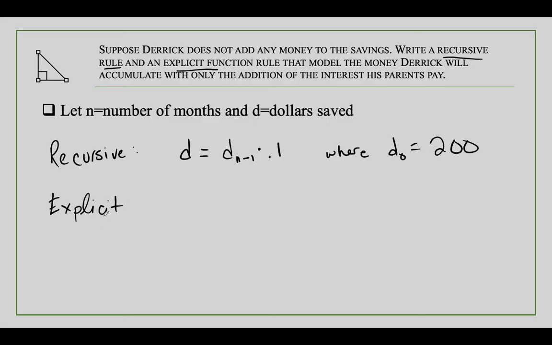The explicit rule, remember, that's just going to be like y equals a times b to the x, where b is the rate and a is our initial amount. So d is going to be equal to 200 times, and actually I shouldn't say 0.1, because if I do this, I'm only going to figure out the amount I need to add.